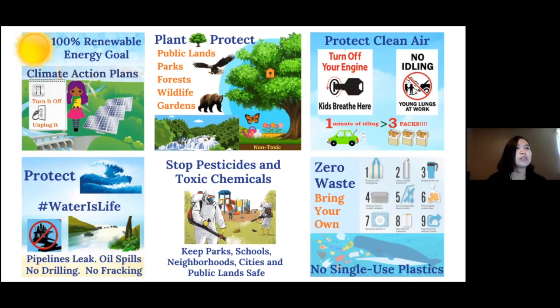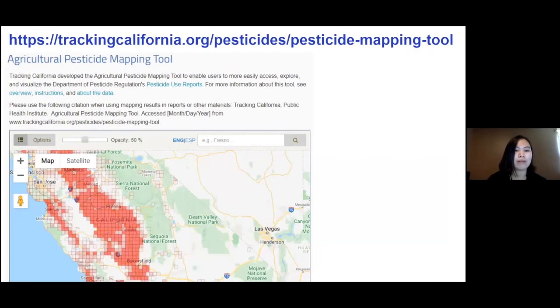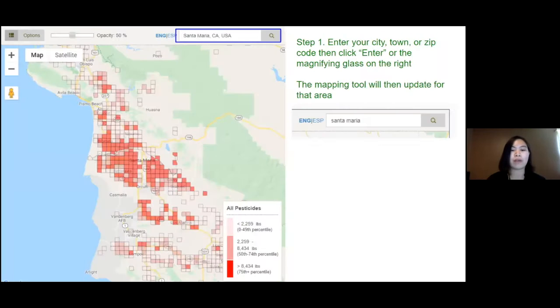So first, I'd like to talk a little bit about trackingcalifornia.org, which in California is a tool that anyone can use to get more information about pollution. The first one that I'll be talking about is the Tracking California Agricultural Pesticide Mapping Tool, which the first step is to enter your city, town, or zip code into the search bar on the top right-hand corner.